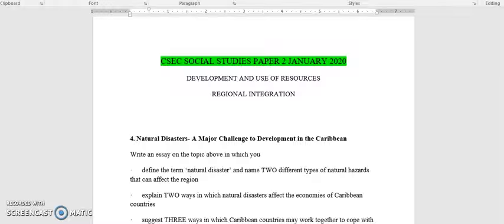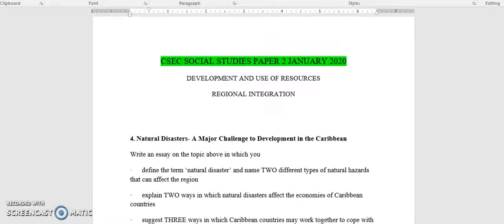Let us begin our essay. It reads, Natural disasters, a major challenge to development in the Caribbean. Write an essay on the topic above in which you define the term natural disaster and name two different types of natural hazards that can affect the region.